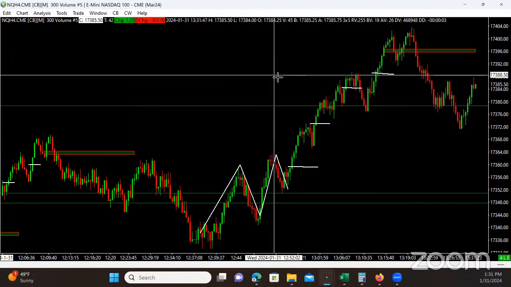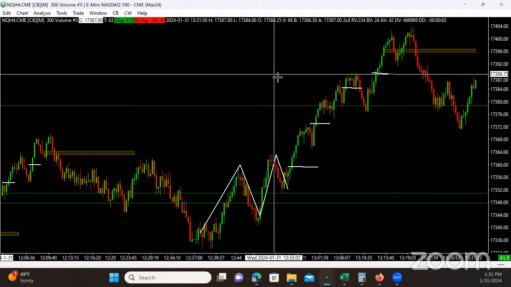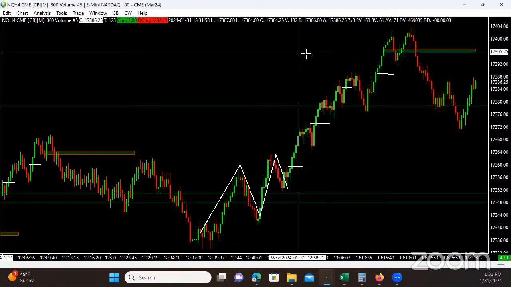And then the other ones we're in at 89. Give us an average price of 76.75, and we're out of everything at 95. That's 18.25 points times 4 contracts times 20. That's $1,460.